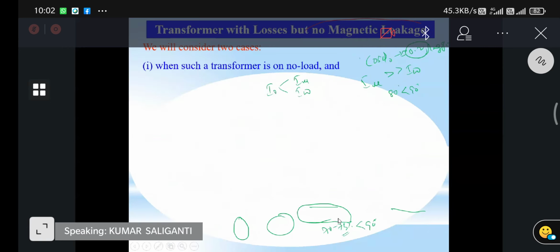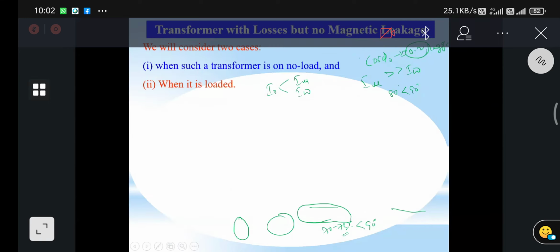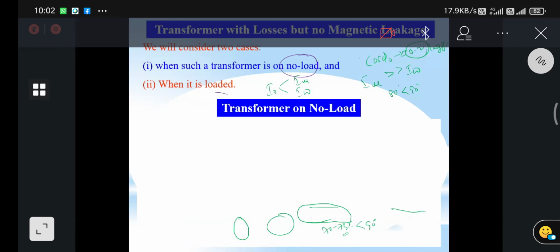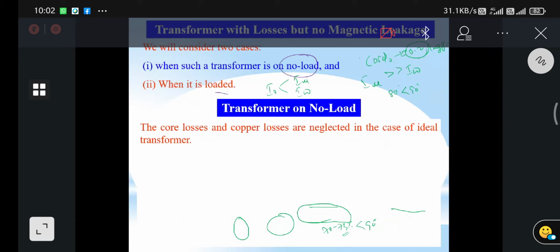So let us see how we are getting here. On no load we have discussed, and when it is loaded, we'll discuss later. On no load, the core losses and copper losses are neglected in the case of an ideal transformer. Already we have discussed.